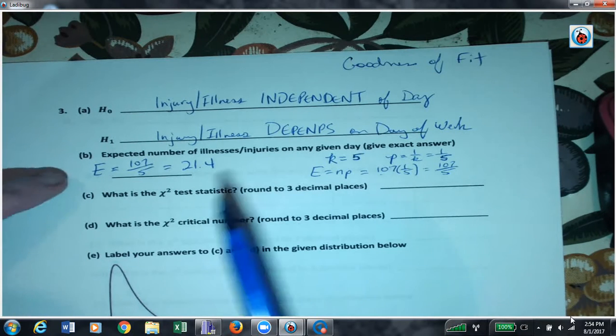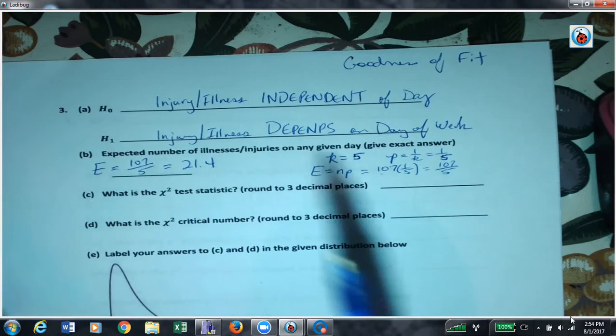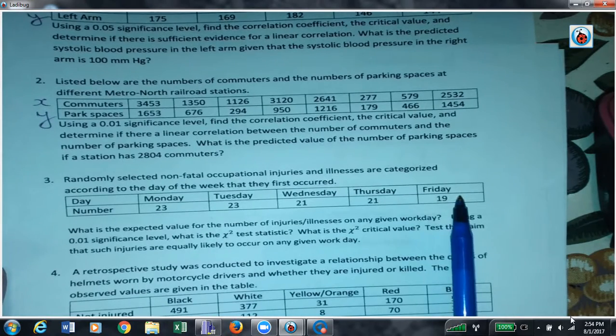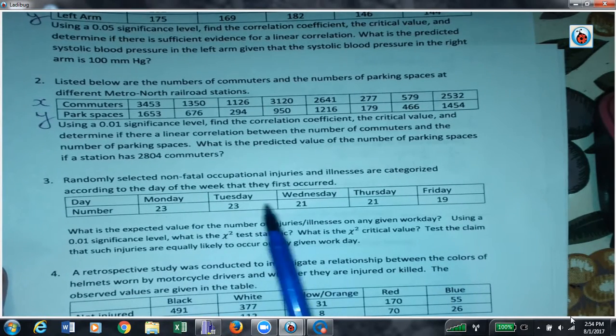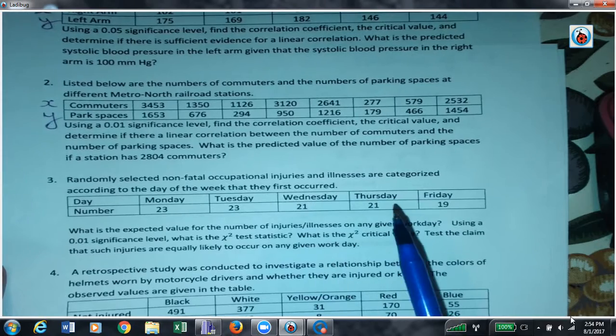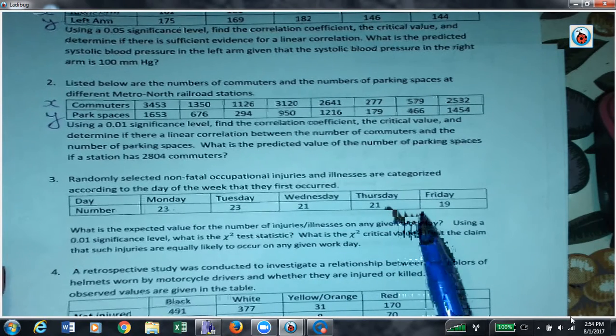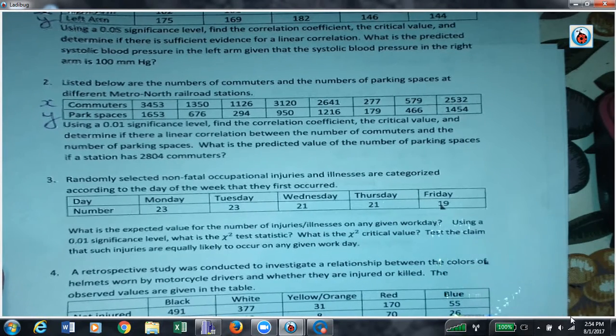If people aren't saying, oh, it's a Friday, I'll call in sick, we would expect that many every day. We don't get that many every day. The numbers are different, but is the difference statistically significant enough to say there is something fishy going on?